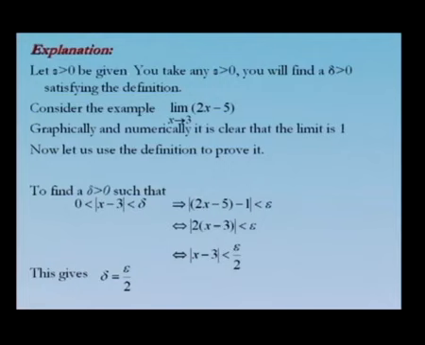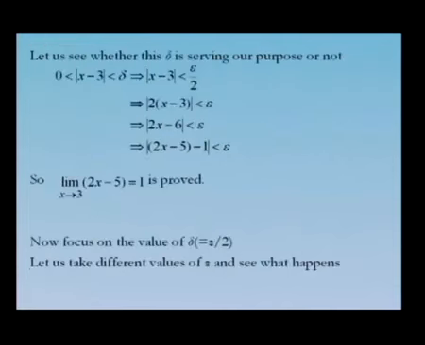This is true if and only if mod 2 into x minus 3 is less than epsilon, if and only if mod x minus 3 is less than epsilon by 2. So if we choose delta equal to epsilon by 2, then our job is done. Now let us verify whether this delta works or not.